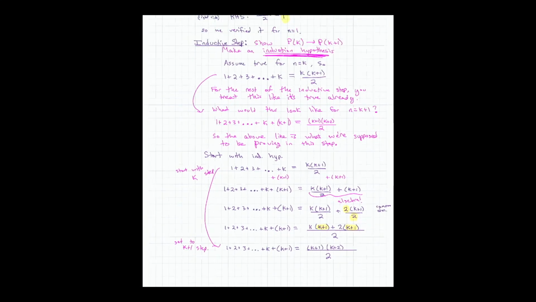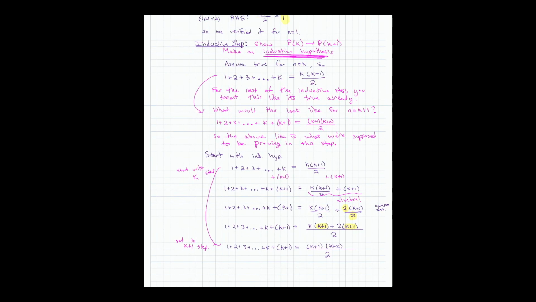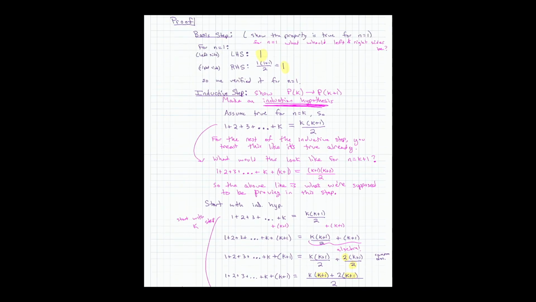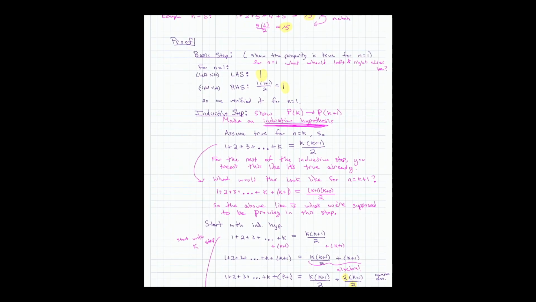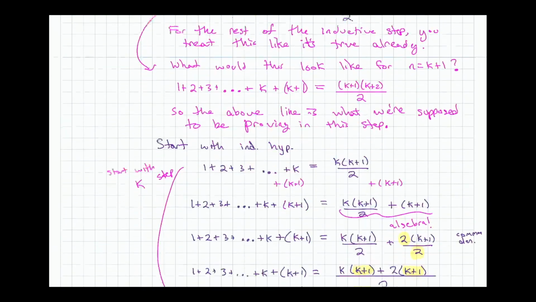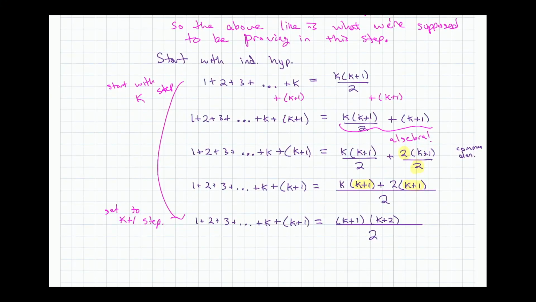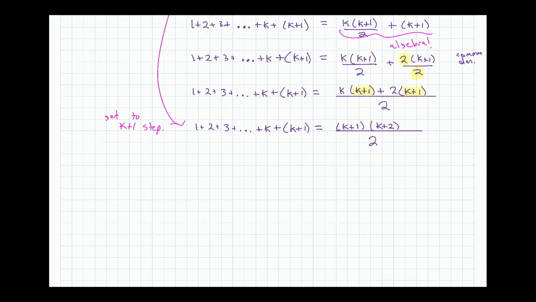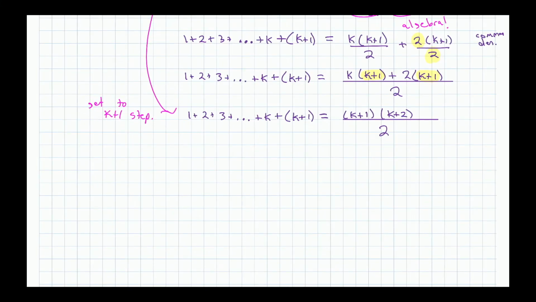And so the whole point or magic of mathematical induction is once you've done the basis step, which we have, and then you do the inductive step, which we just finished, then you just make your conclusion. So we jump down to the conclusion, which is going to be what we're trying to prove.